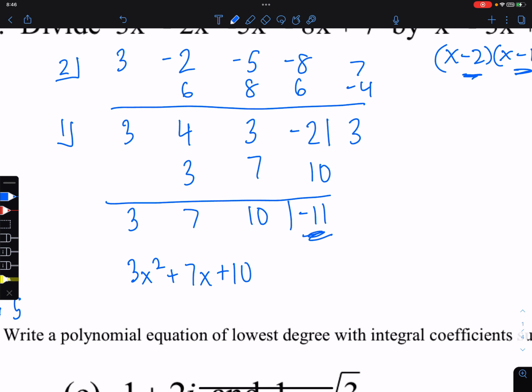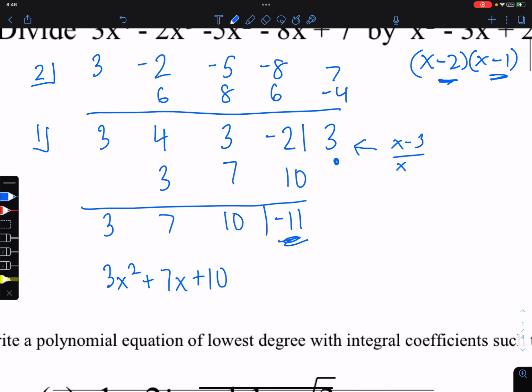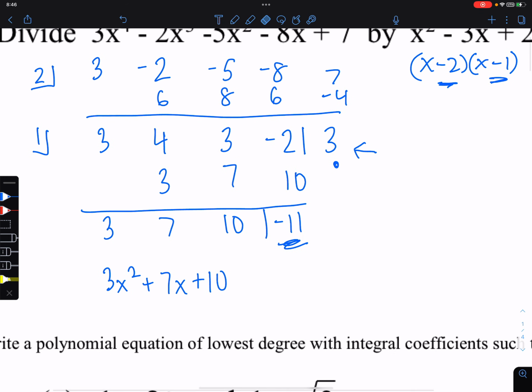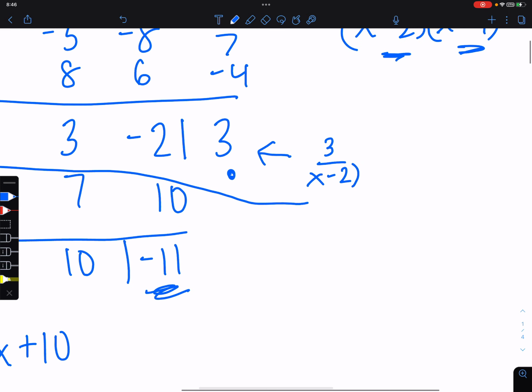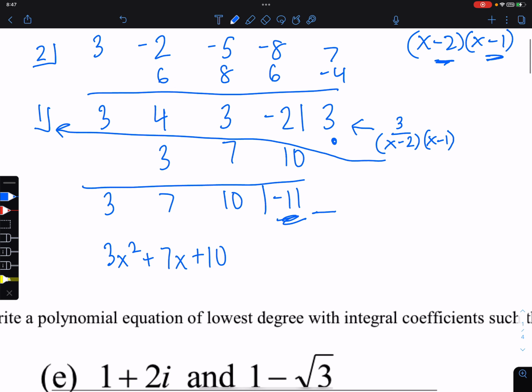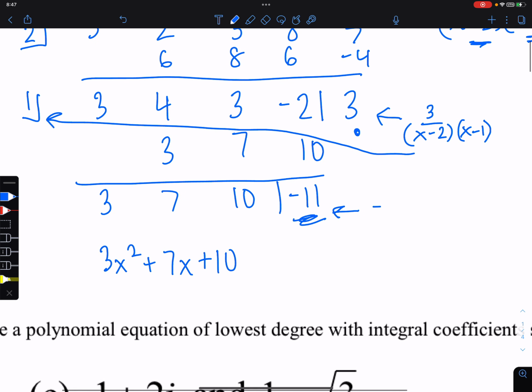So if you think about it, this one is x minus 3 over, this one is 3 over x minus 2, right? But then we had to divide it by x minus 1 again. So really, this is 3 over x minus 2 times x minus 1, right? Whereas this one is just negative 11 over x minus 1.